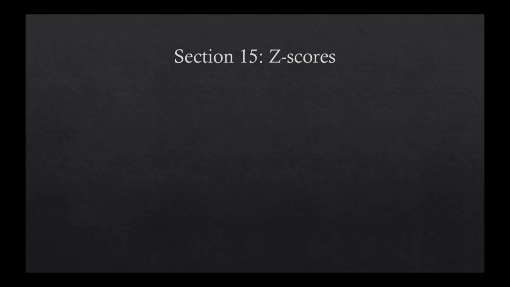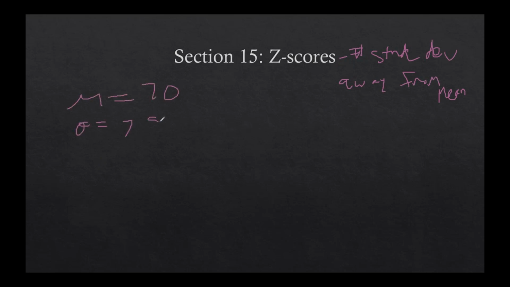So the z-score, by definition, is the number of standard deviations away from the mean. So numerically, just real quick, if we know the mean is 70 and the standard deviation is 5, similar to our empirical rule problem we did earlier.